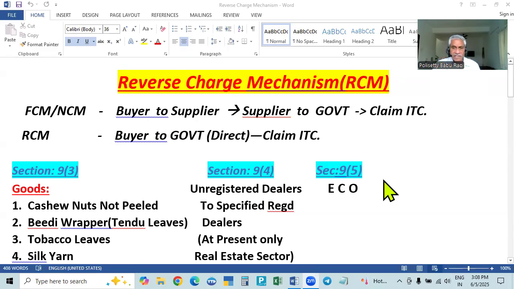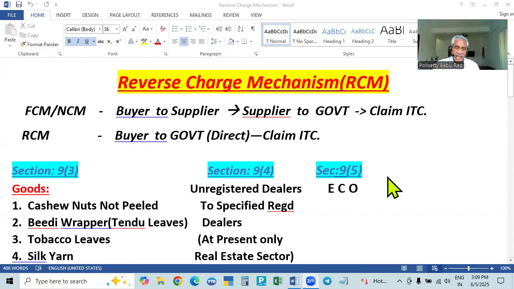So the buyer or the recipient will pay the total amount, that is the taxable value plus GST, to the seller. The seller will retain the taxable value, that is his money, and the extra amount paid, that is the GST, he will pay to the government with the GST number of the customer, that is the buyer.